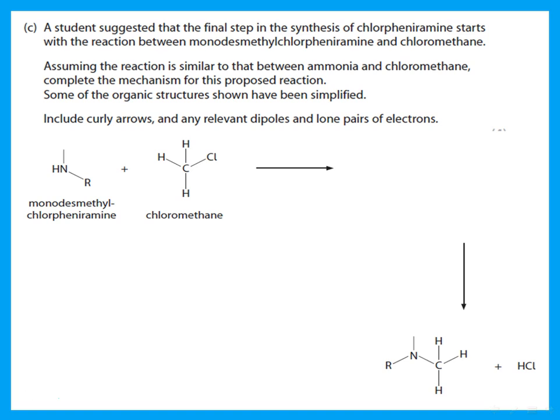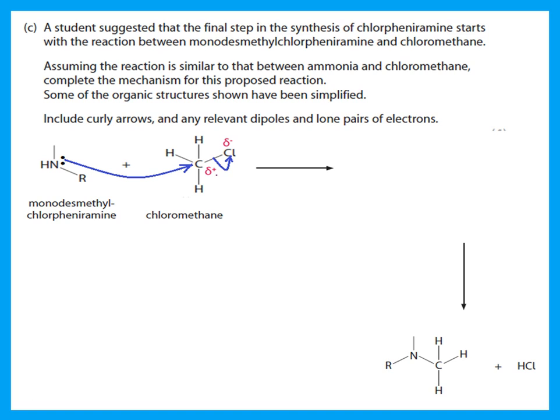Okay, so we have an amine. An amine has nitrogen with a lone pair of electrons, and it's going to attack the chloromethane because in the carbon-chlorine bond, the chlorine is electronegative, so it attracts the electrons, so the carbon is slightly positive and the chlorine is slightly negative. So these are the dipoles.